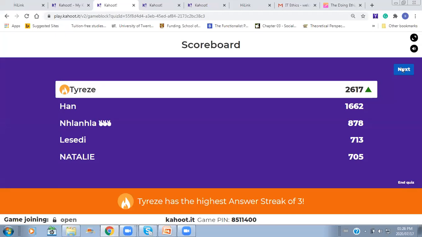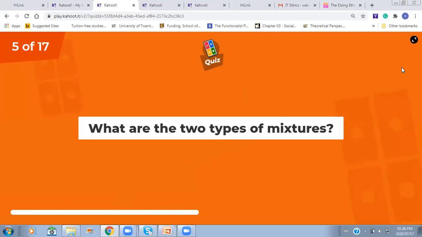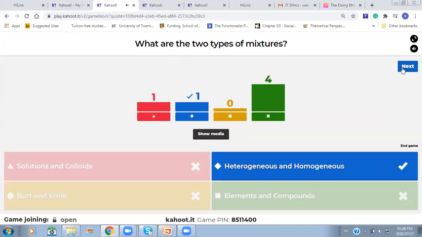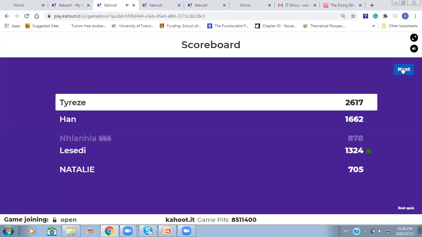Next, let's enjoy it. What are the two types of mixtures? Solutions and colloids, heterogeneous and homogeneous, or elements and compounds. What are they? Yes, true, it is heterogeneous and homogeneous. Tyrus was first to answer, followed by Han, Lesedi, Tlantla, and Natali.